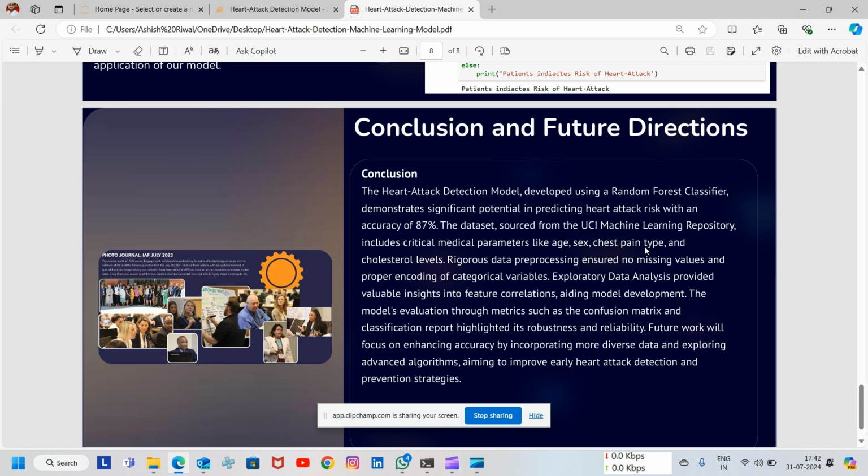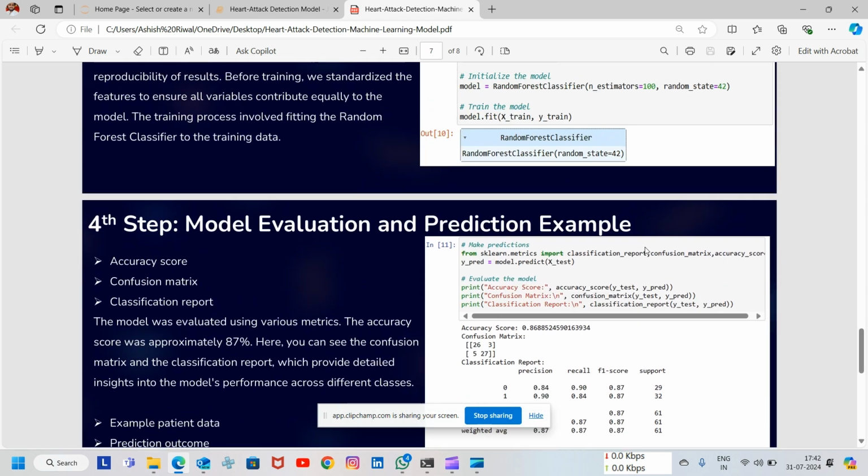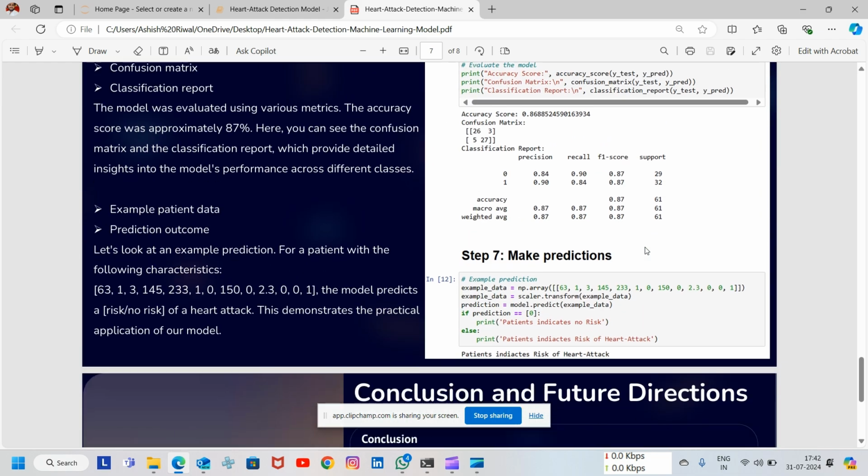Future work will focus on enhancing accuracy by incorporating more diverse data and exploring advanced algorithms. I am aiming to improve early heart attack detection and prevention strategies. So this is all about the model, and thanks.